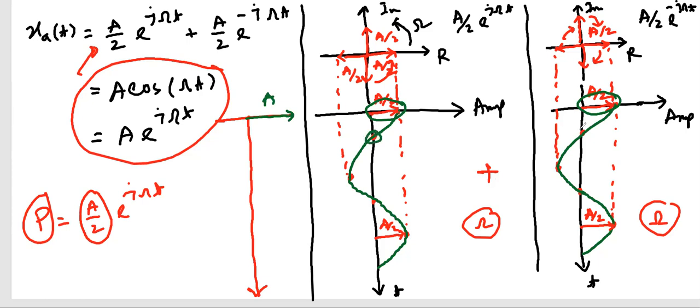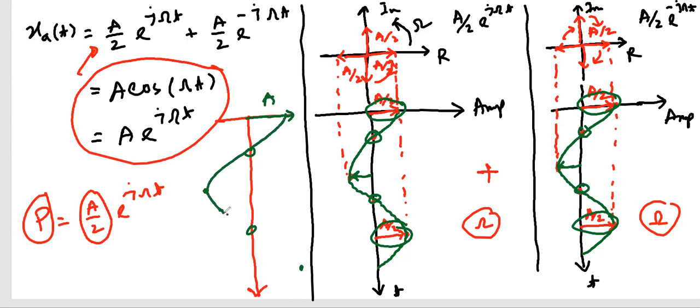When this is 0 and 0, that will give 0, of course. When this is a negative a by 2, that will give negative a. When you have 0 and 0, that will give 0 again. When you have positive a by 2, it will give positive a. So then you can plot it like this.